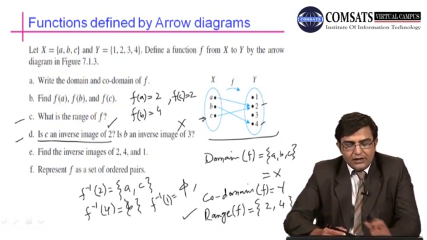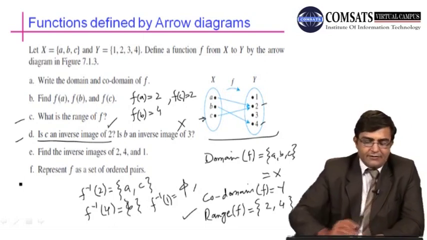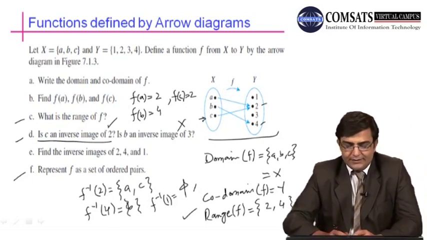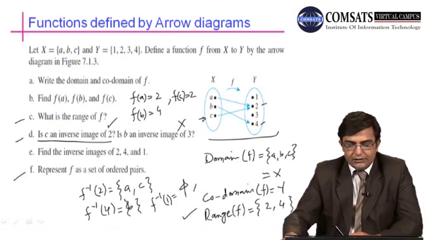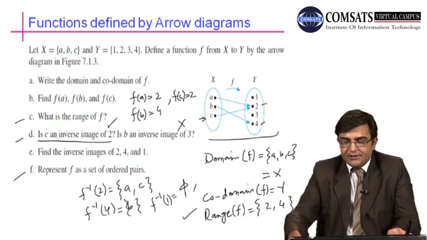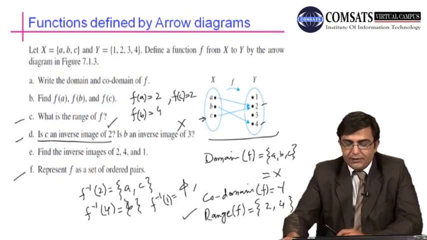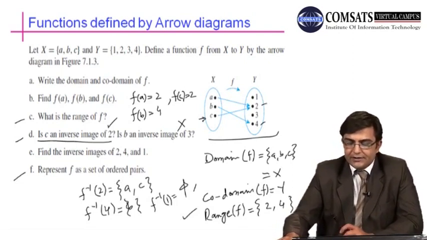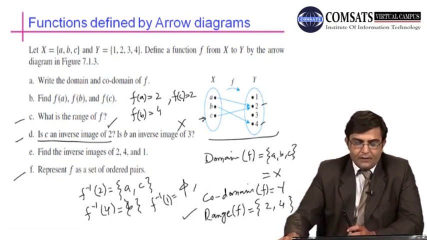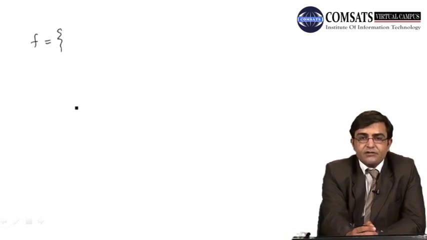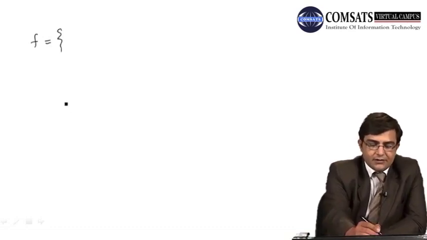Now the last part is: represent f as a set of ordered pairs. How can we represent it? F is basically a relation which satisfies two additional properties.